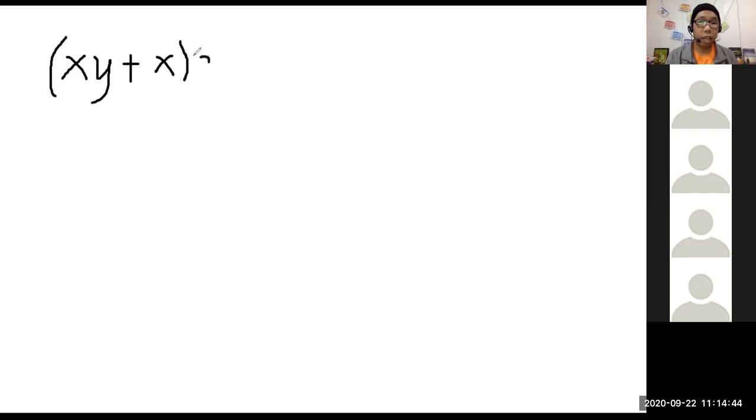May papel kayo guys at ballpen? Practice lang ninyo. Ito, sinasabi ko sa inyo, separable na to ha. Pag hindi nyo kayang separate, ibig sabihin, meron kayong nakalimutan na technique sa pag-factor.